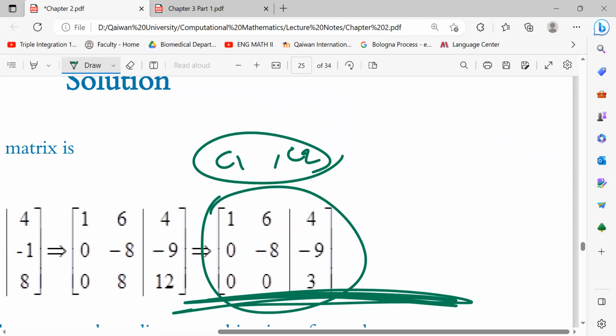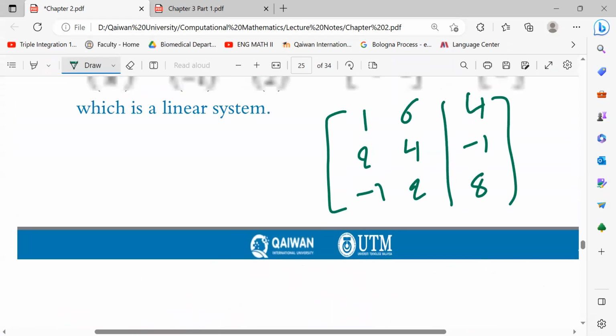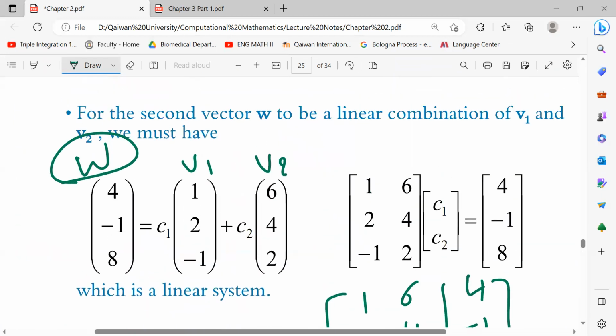So if the system has no solution, means C1 and C2 have no value. So W couldn't be written as the linear combination of V1 and V2 because we cannot get values for C1 and C2.